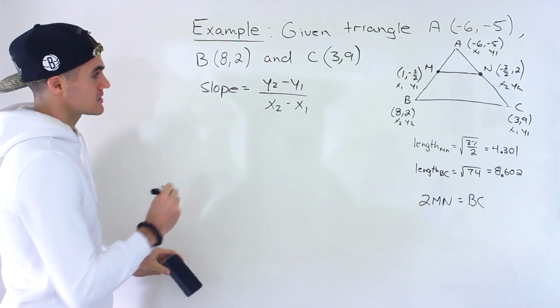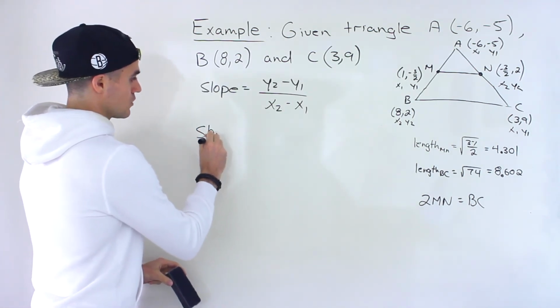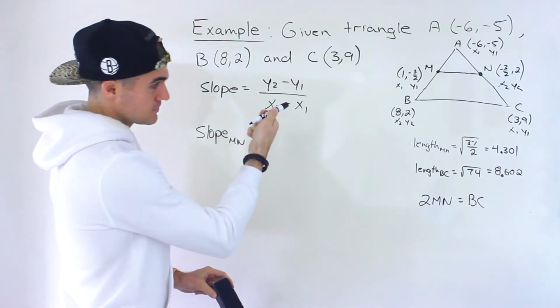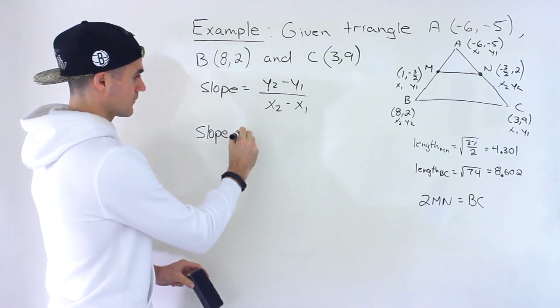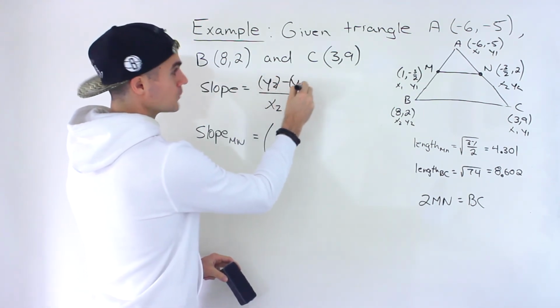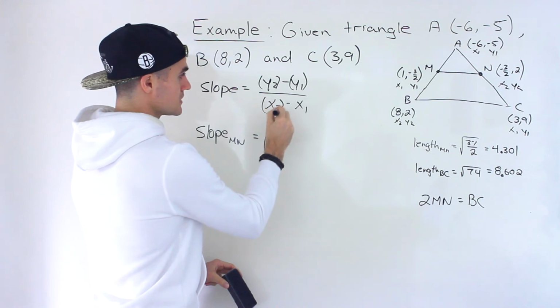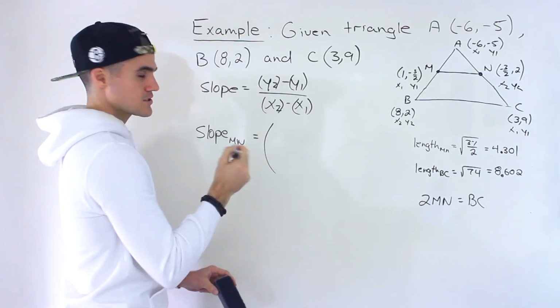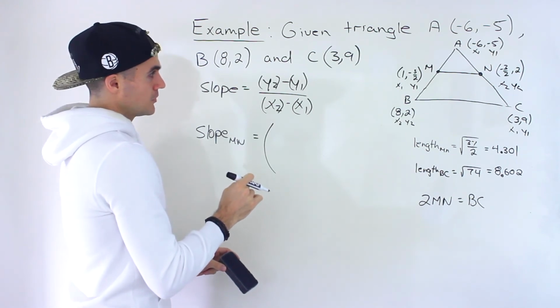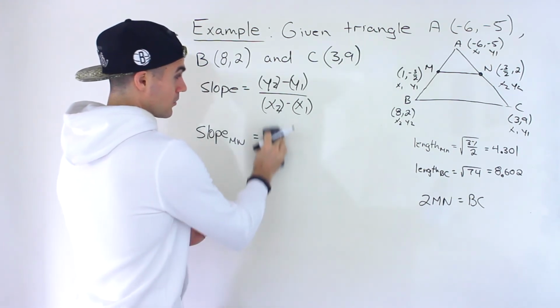So notice that if we're going to find the slope of MN, we've got x2, y2, x1, y1. And again, if you're working with negatives and stuff, you could just put these in brackets, just so you could see it a little better. So that's what I'm going to do. Actually, I didn't even have to put this big bracket here.